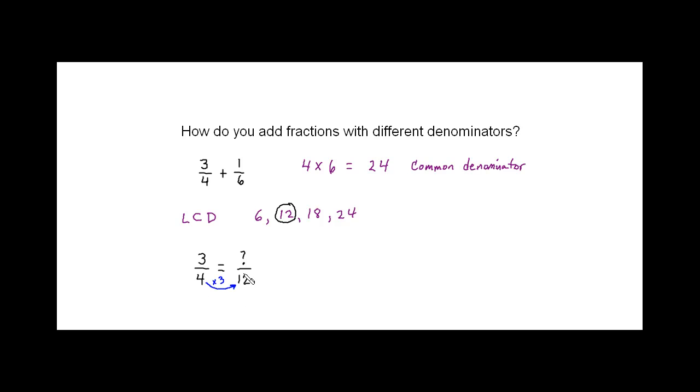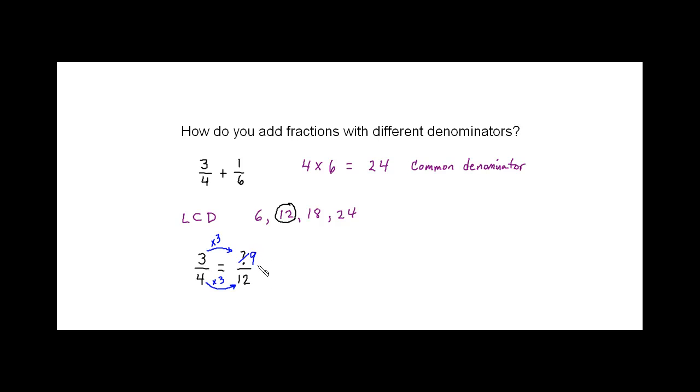Whatever you do to the denominator in a fraction, you must also do to the numerator to keep everything equal. So we're going to multiply the numerator by 3 as well. And 3 times 3 is 9, so that's our new numerator. So 3/4 is the same as 9/12.